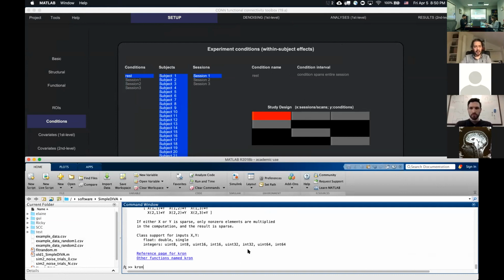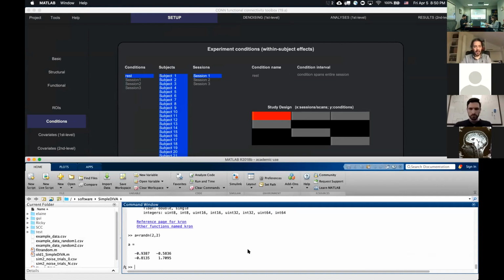Kronecker product, let's say you have a matrix that is this, and now you have another matrix like that. The Kronecker product is basically this element times the whole matrix, then this element times the whole matrix, and so on, all put together.